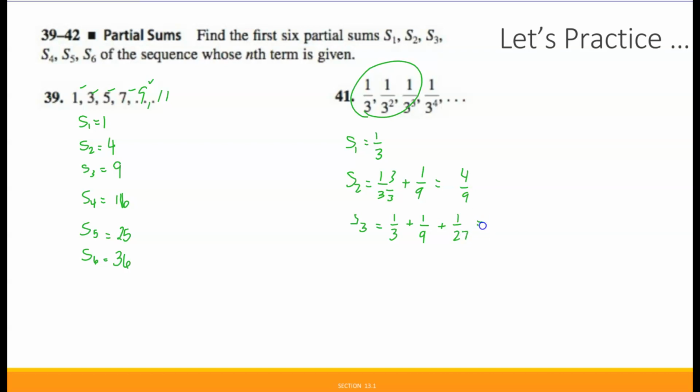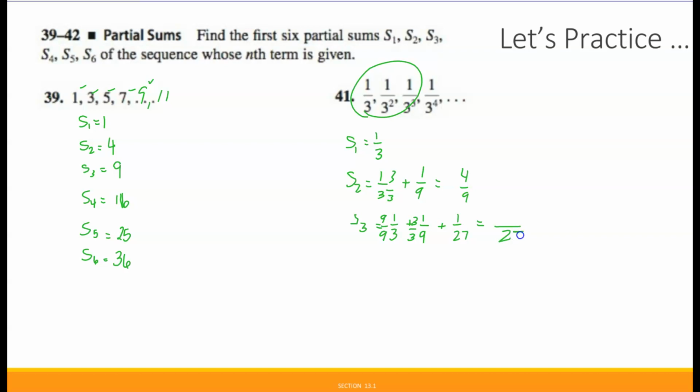Maybe getting a common denominator isn't too hard, but the calculator is going to help us out. To get that common denominator of 27, we multiply this one by 9/9 and this one by 3/3. And so we've got that common denominator of 27.